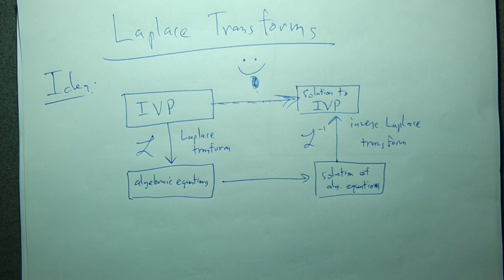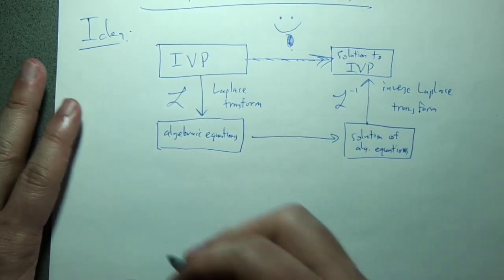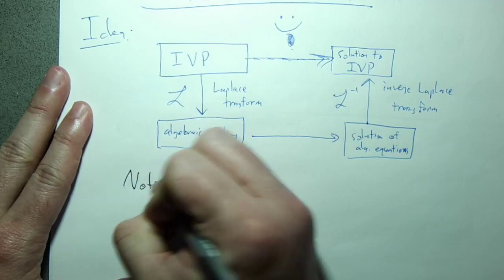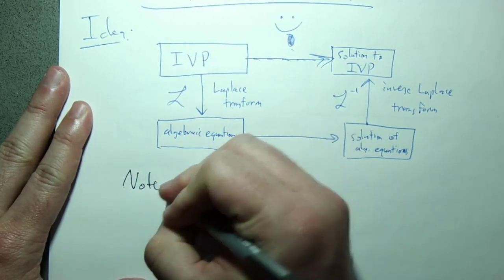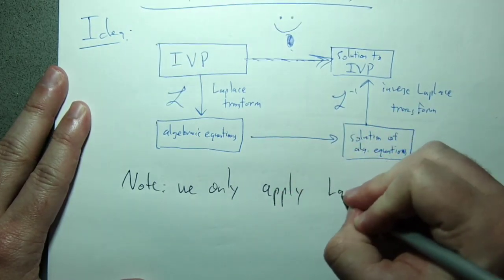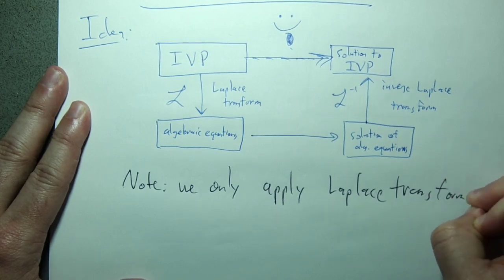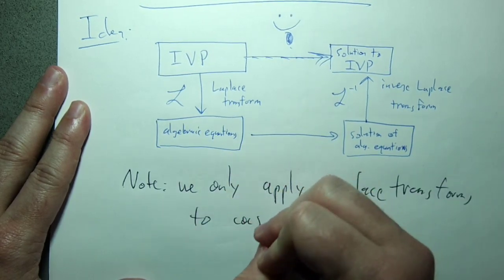Anyway, so how does this work? One note: we only apply Laplace transforms to constant coefficient equations.